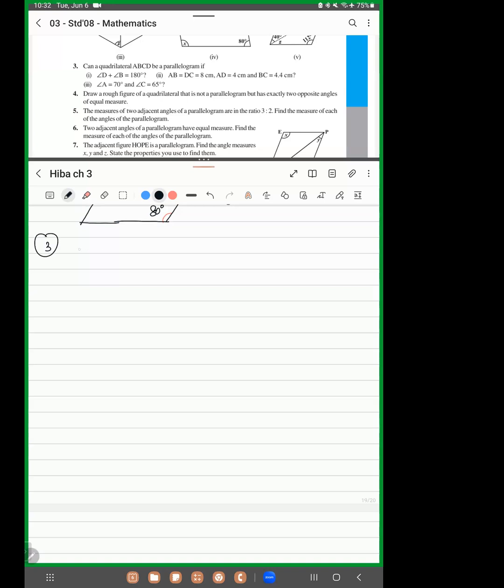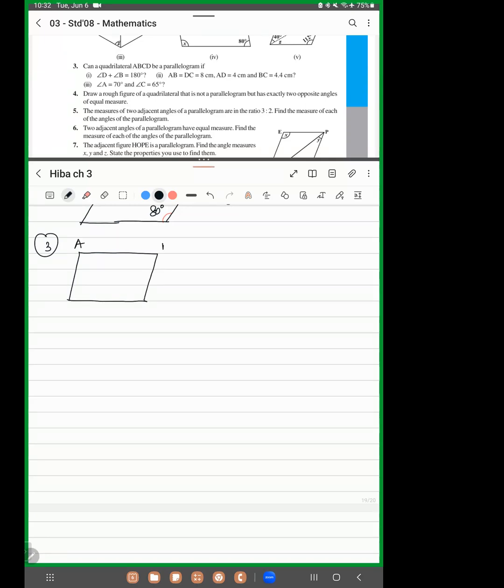Read out the question, please. Can a quadrilateral ABCD be a parallelogram if angle D plus angle B is equal to 180 degrees? First, let's draw a parallelogram.